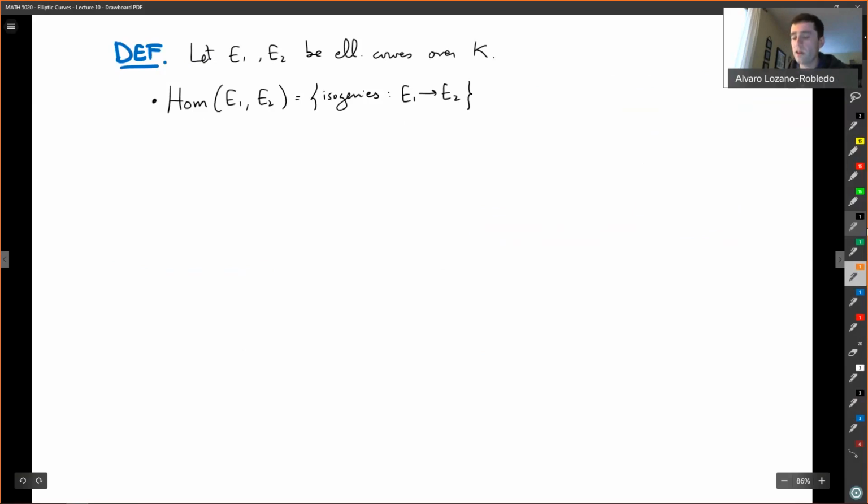And it turns out that this is a group. It's easy to check that the homomorphisms from E1 to E2 form a group under addition.